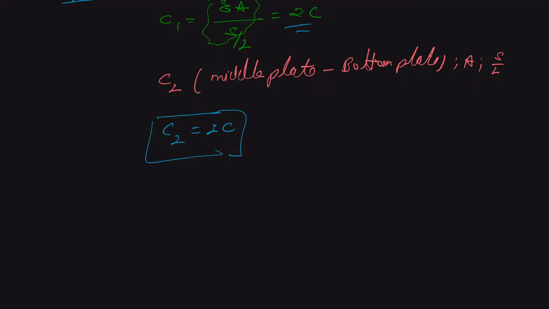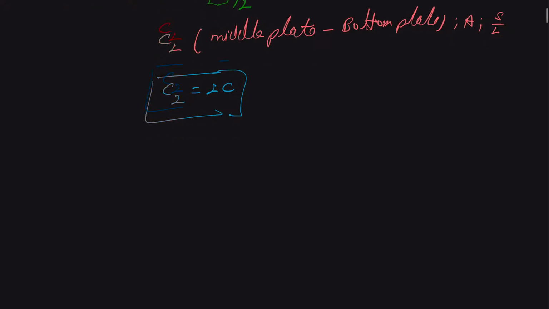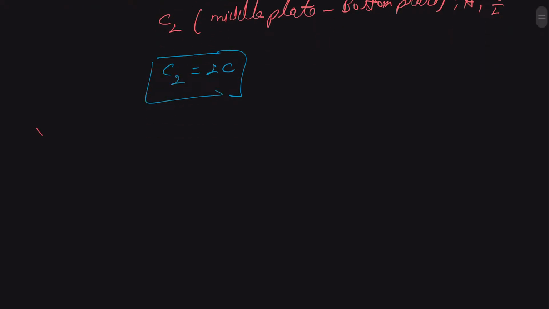Now we come to the connection. The external plates, the topmost plate and the bottommost plate, are connected with the wire, which basically means that these two plates will be at the same potential. So let me draw the figure. This is our topmost plate and this is the bottommost plate, and there is one in between them, and these two are connected with the help of a wire.